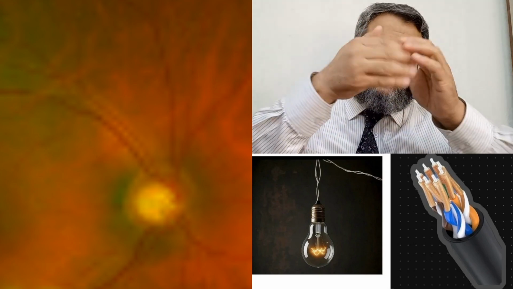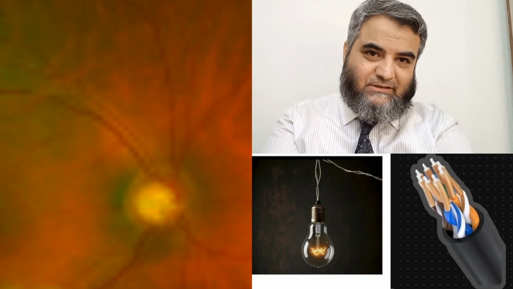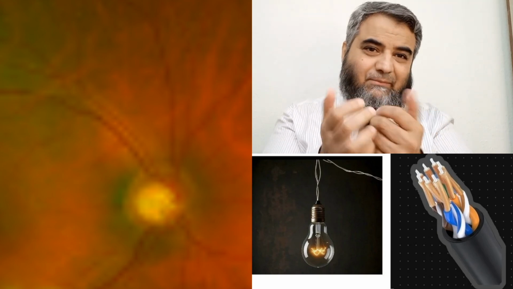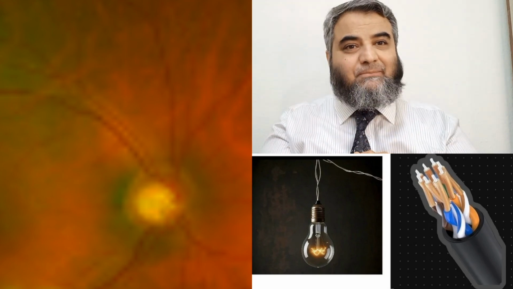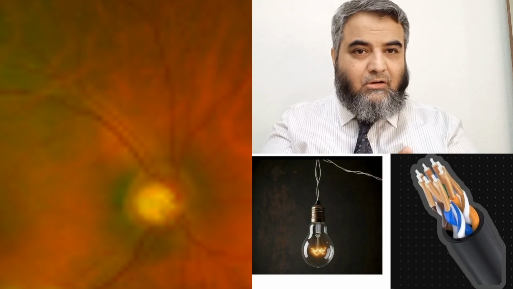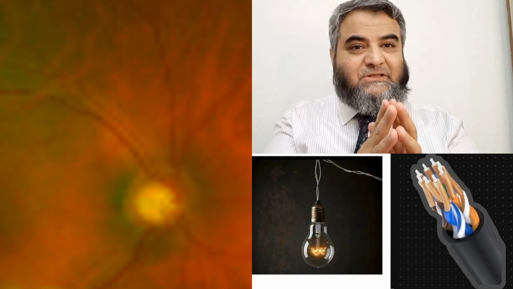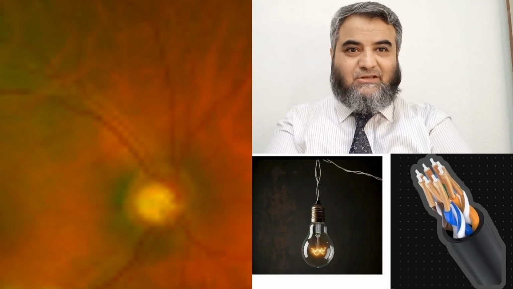If this is the optic nerve, it gets excavation over there, and we call it bean pot appearance. Almost all the nerve fibers in the optic nerve are now damaged, and now the vision is substantially decreased. Now the patient realizes that something is wrong.